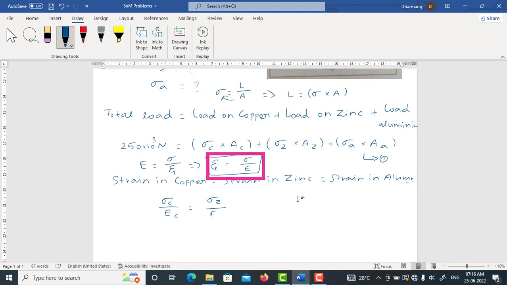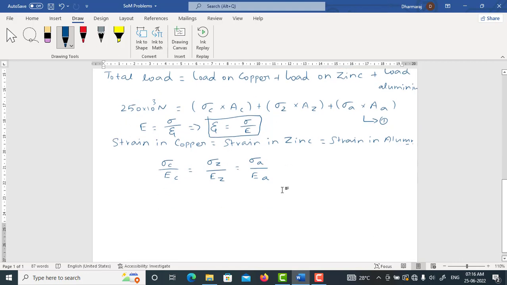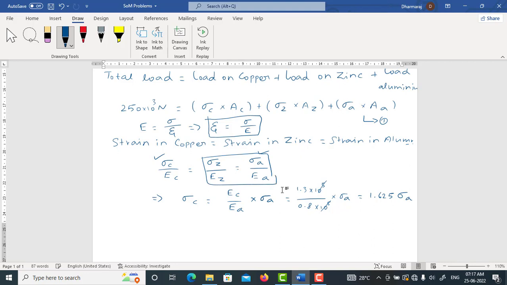We apply this to copper, zinc and aluminum. First, strain in copper equals strain in aluminum, so sigma copper equals EC by EA into sigma A. Substituting the values of Young's modulus, it will be 1.625 sigma A.